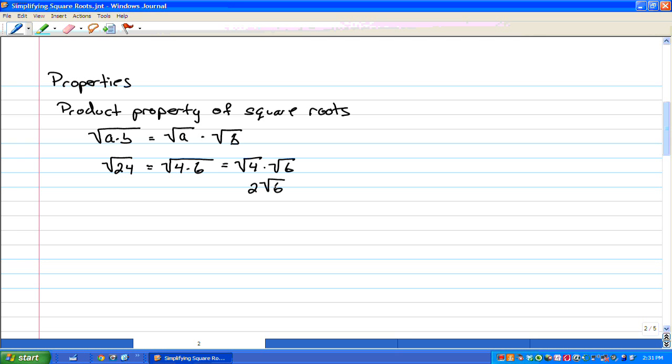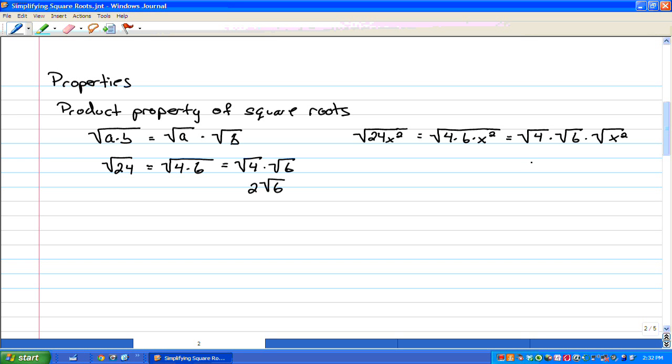You could also do this if you have, let's make this more interesting, square root of 24, and now I'm going to say x squared. All right, well, again, this is not something you can enter in your calculator, but you can use your product property here in order to solve this. The way that you would do that, say, all right, well, this is the same thing as the square root of 4 times 6 times x squared, which is square root of 4 times square root of 6 times square root of x squared.